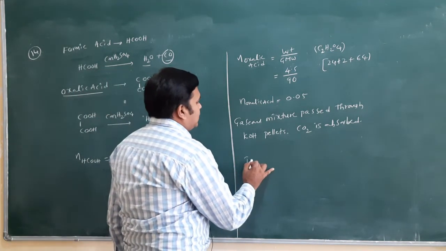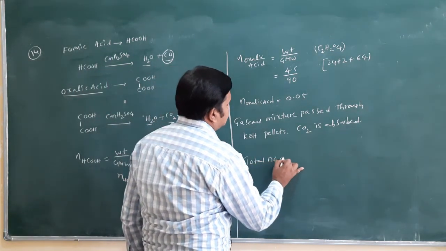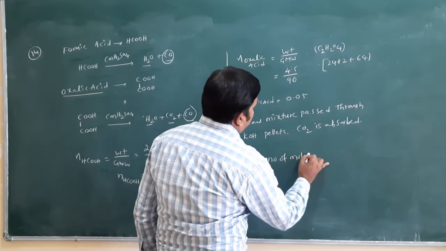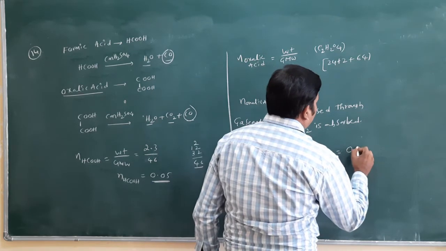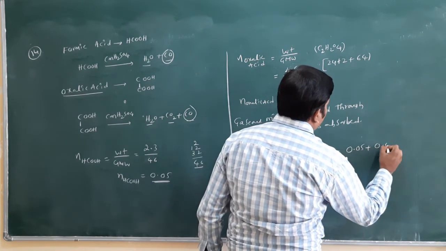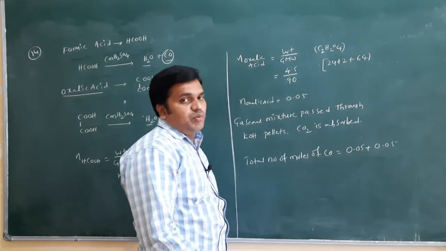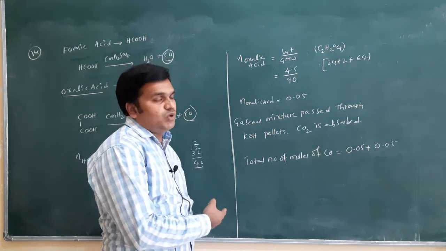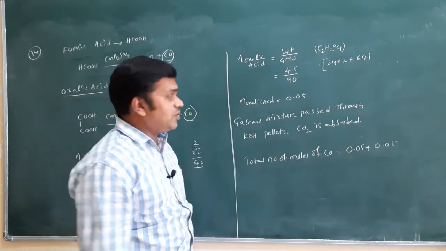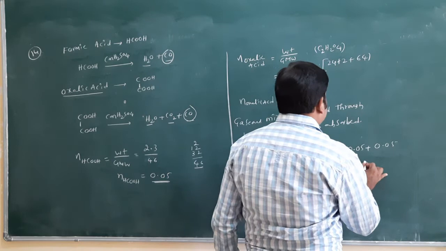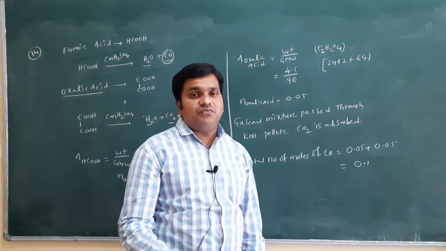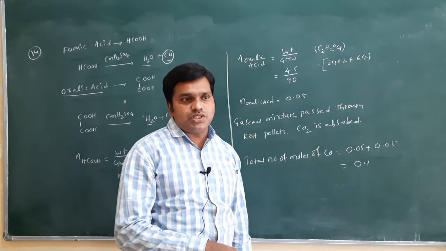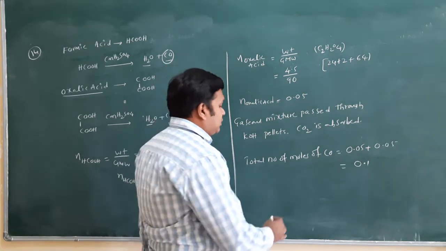Now I will write here the total number of moles of CO is equal to 0.05 plus 0.05. 0.05 is coming from oxalic acid, and 0.05 from formic acid. So it is 0.1 moles only. Now what are they asking here? Weight. We have found moles, and we can convert them into weight.